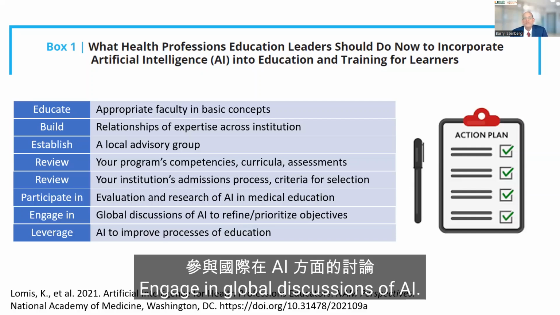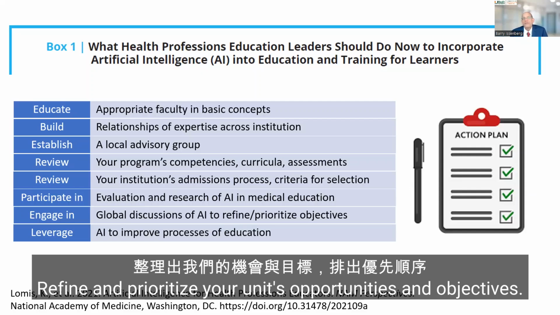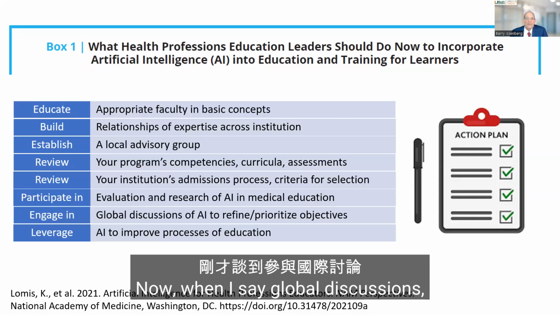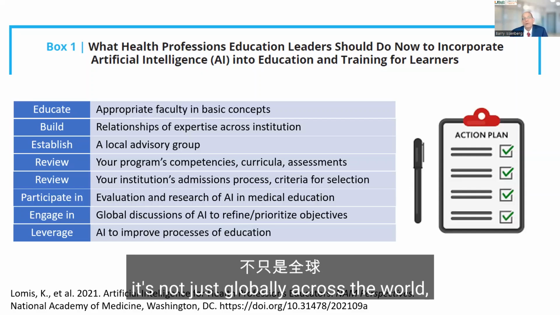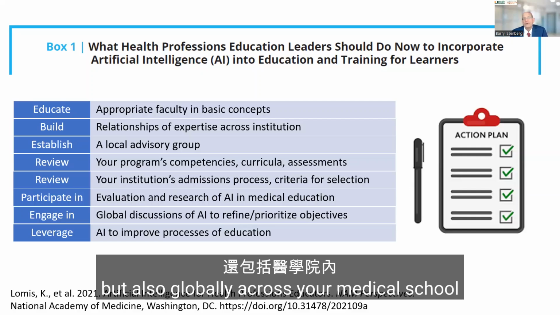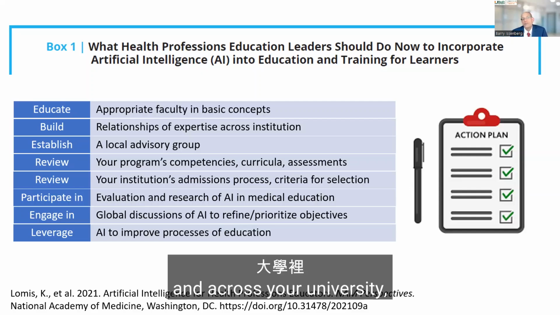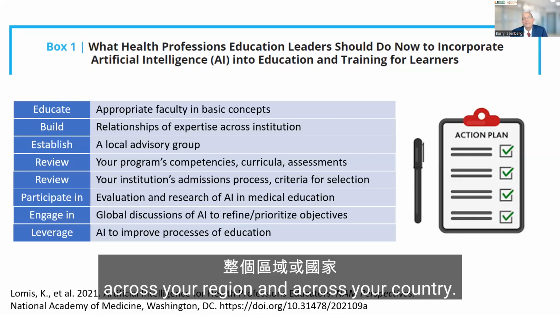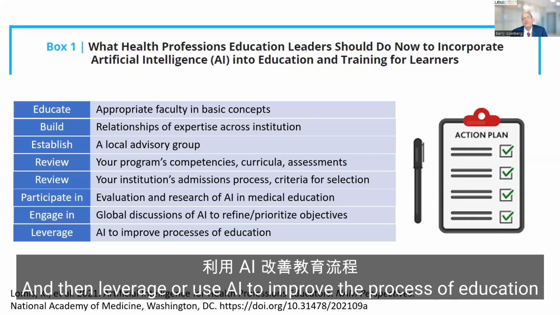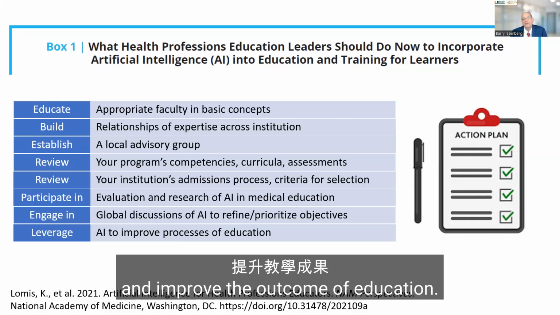Engage in global discussions of AI. Refine and prioritize your unit's opportunities and objectives. And now, when I say global discussions, it's not just globally across the world, but also globally across your medical school and across your university, across your region and across your country. And then leverage AI to improve the process of education and improve the outcome of education.